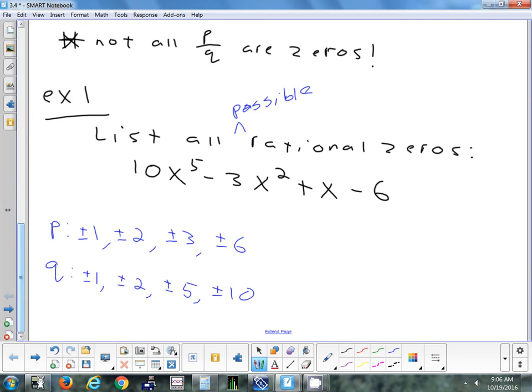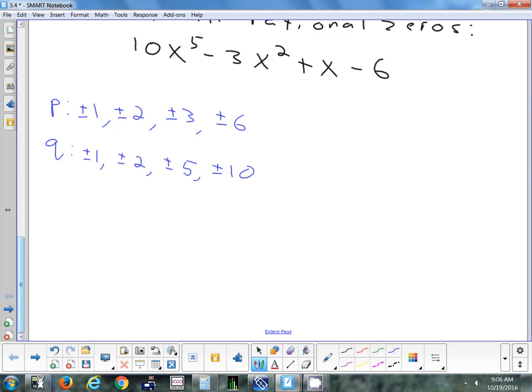Okay, so if this problem has a rational root, if it has a fraction that you can plug in for x, do out the arithmetic and get 0, it has to be of the form P over Q. So now we need to write out all the different combinations you can have with P in the top and Q in the bottom. If you do it systematically, it's not too hard. I like to start with positive or negative 1, and put that over every denominator I could have.